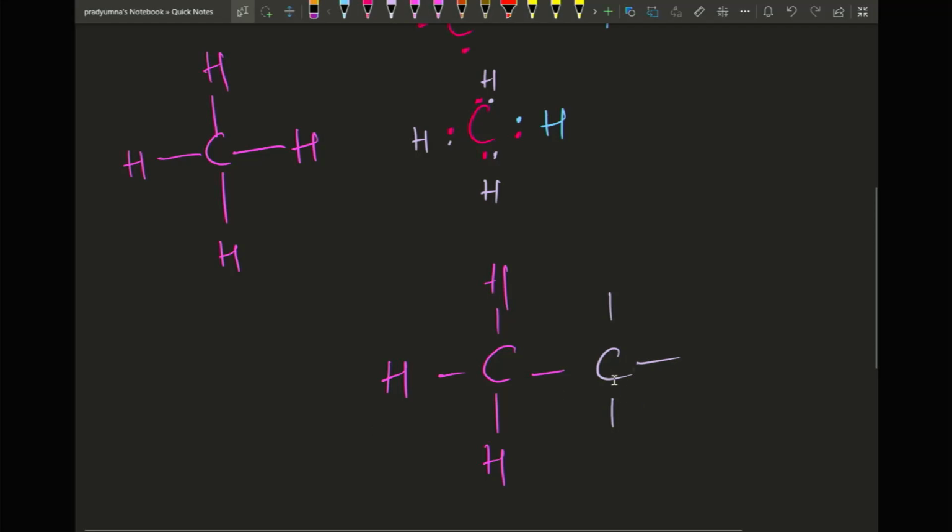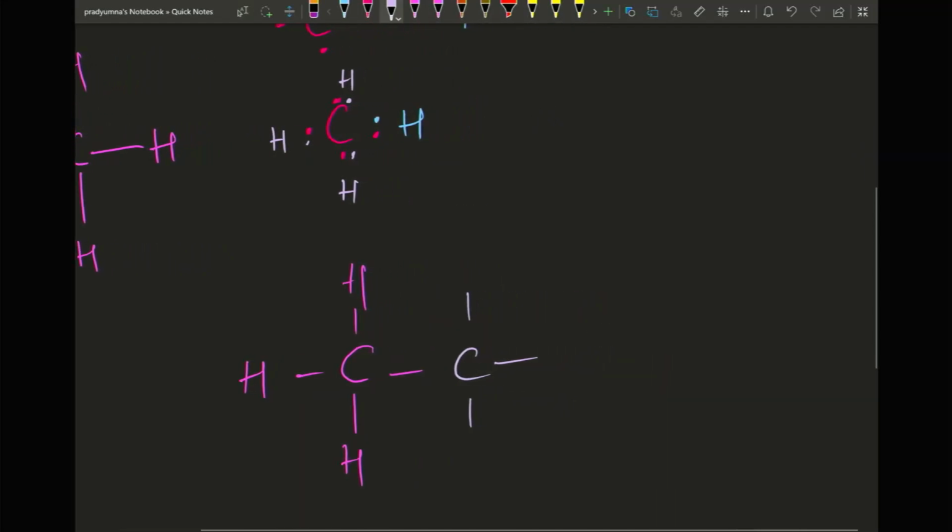But if I attach another carbon there, this carbon should also have 4 bonds. So here I could attach anything. I could attach hydrogen, hydrogen, hydrogen here, and I could attach another carbon there. When I come to the third carbon atom, this one should also have 4.